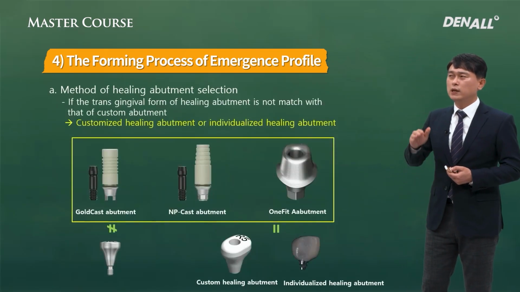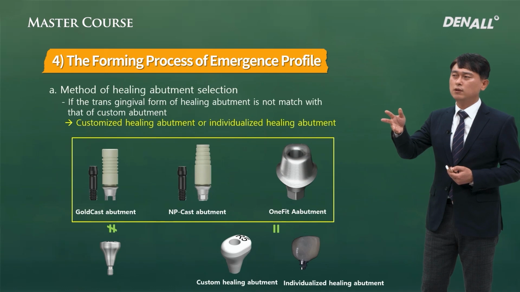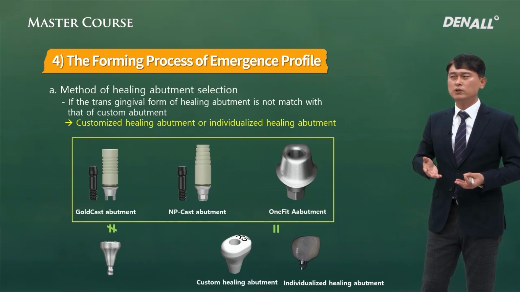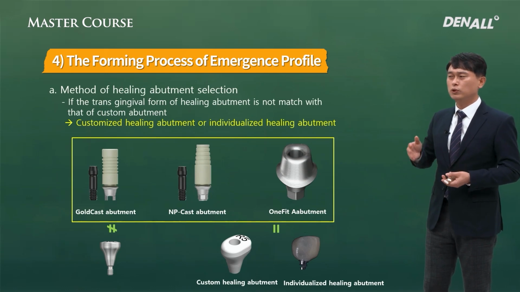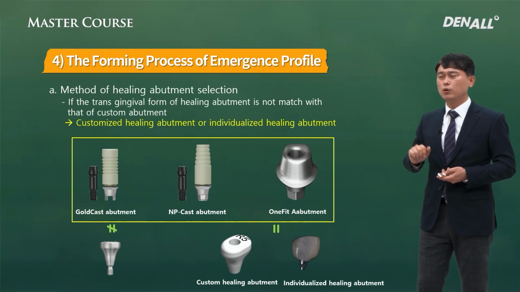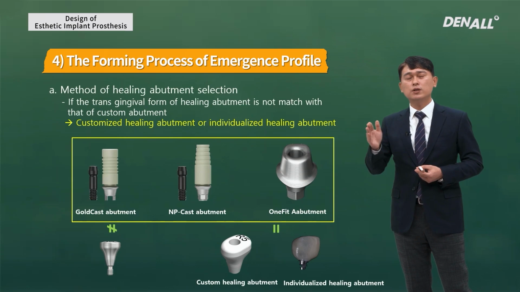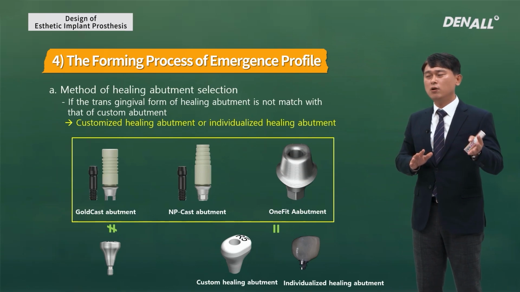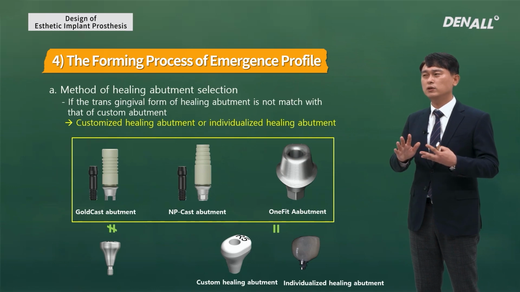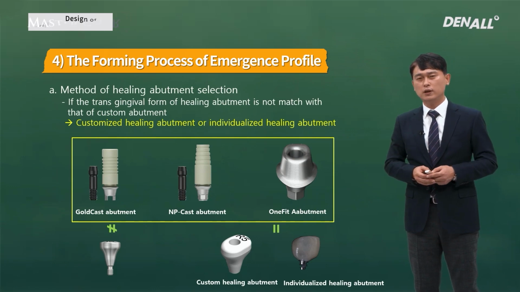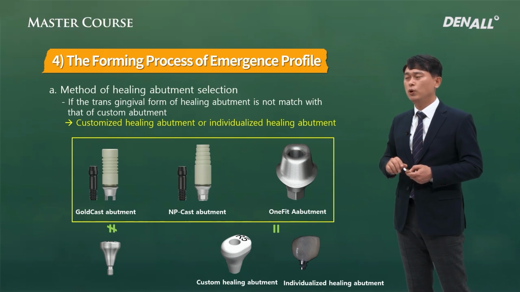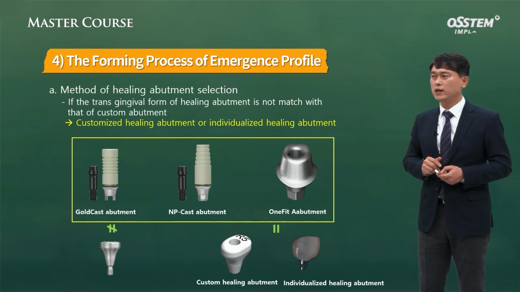Usually, when we create an emergence profile, individualized or custom healing abutments are fabricated because the shape of the final prosthesis is different from stock healing abutments, so healing abutments can be individualized or customized. That option is available from Ostom.